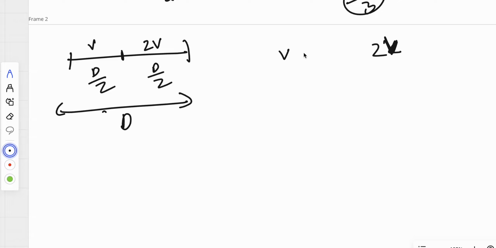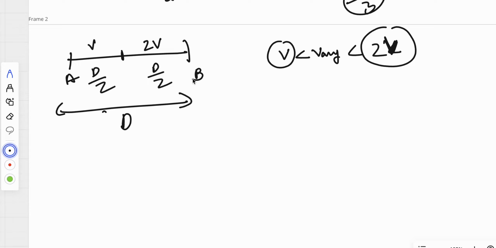This is the very basic thing that we know. It will be between v and 2v, because the speed of the vehicle from point A to point B is between v and 2v. So the average also has to be somewhere between v and 2v, right? This is clear.